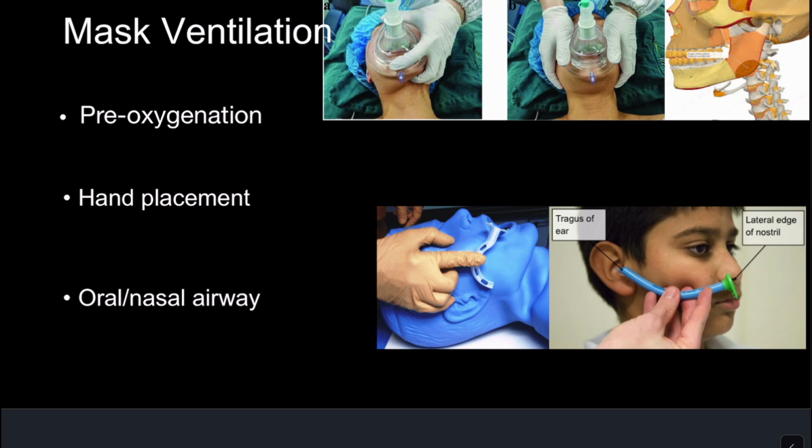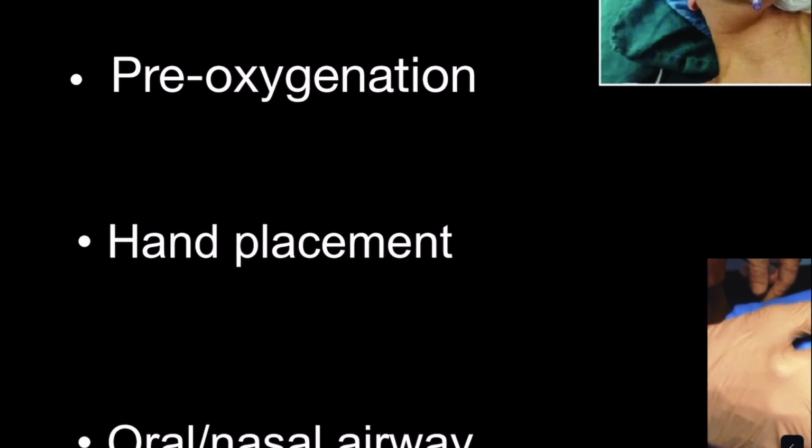to be able to move any sort of air and keep the patient alive. It kind of starts maybe a step before your traditional mask ventilation with pre-oxygenation. Pre-oxygenation is just the process of saturating your hemoglobin with oxygen, making sure that all of the hemoglobin is bound to oxygen.